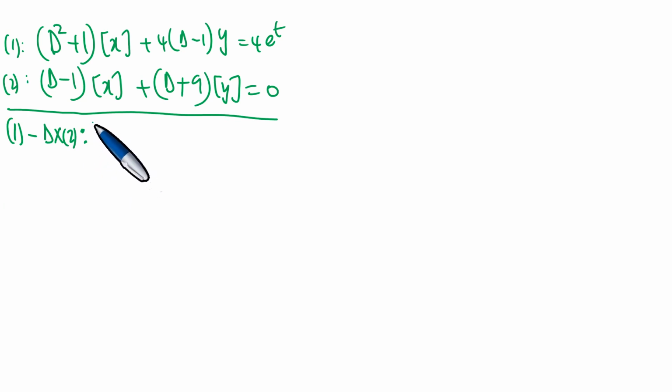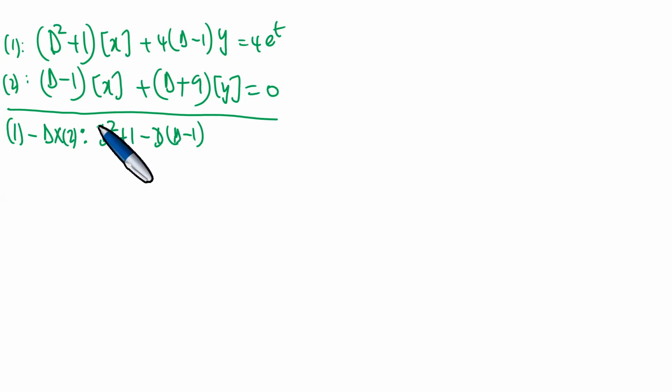So what is this? Equation 1 has d squared plus 1 minus d times equation 2. Okay, multiply by d.